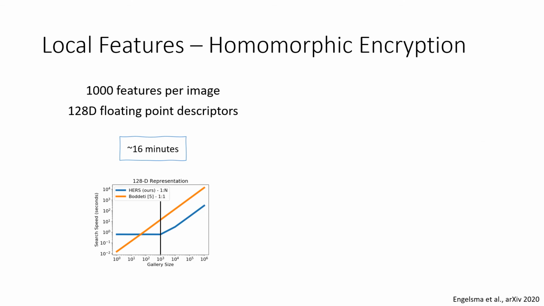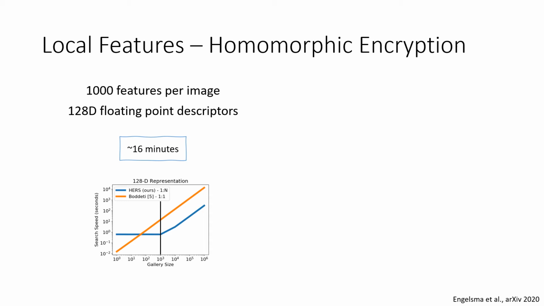Previous approaches to privacy-preserving descriptors take advantage of homomorphic encryption, which has the advantage of guaranteeing exact distance computation. In the context of local features, it is generally desirable to have at least 1,000 features per image.